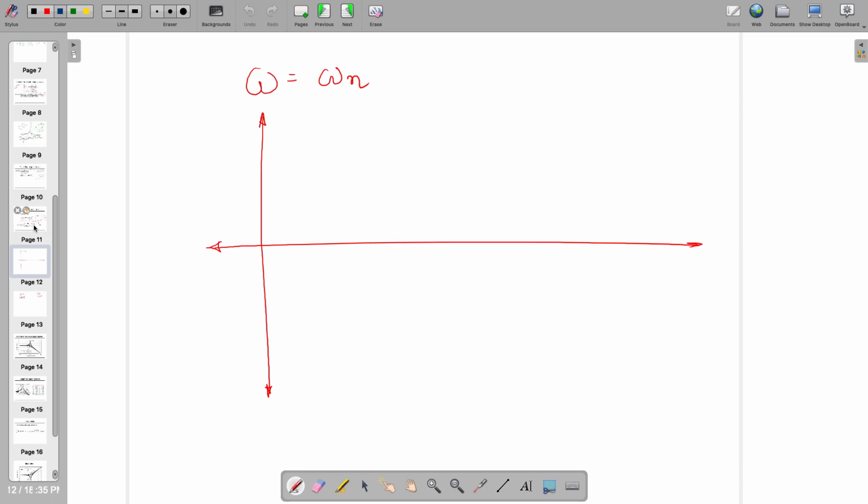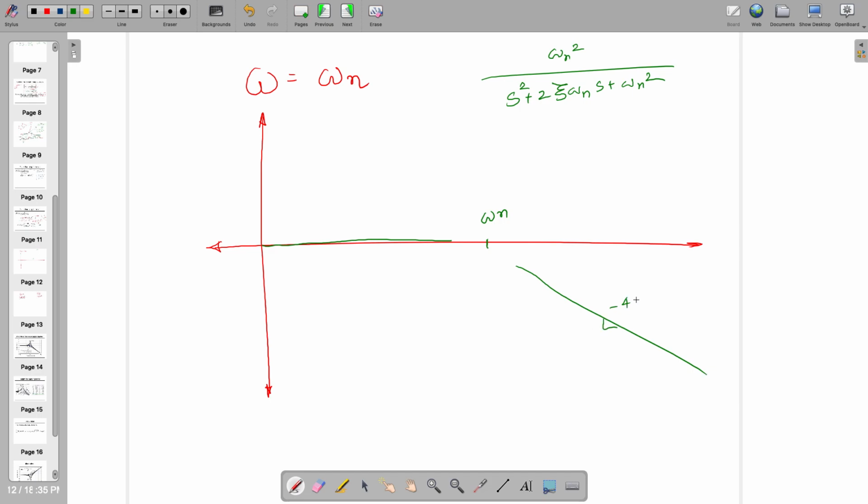Now let's look at the interesting result for the system which looks like this one. So you are saying that when omega is equal to omega n, the magnitude is equal to 1 by 2 zeta.